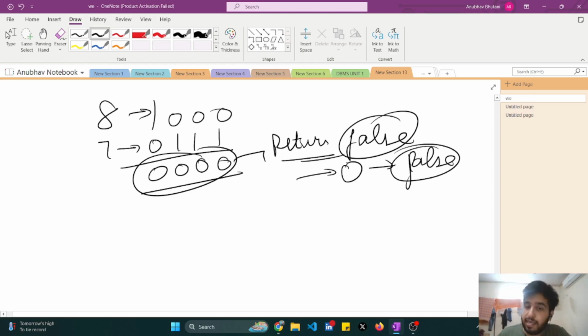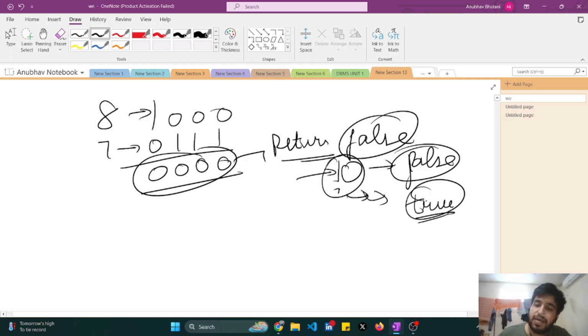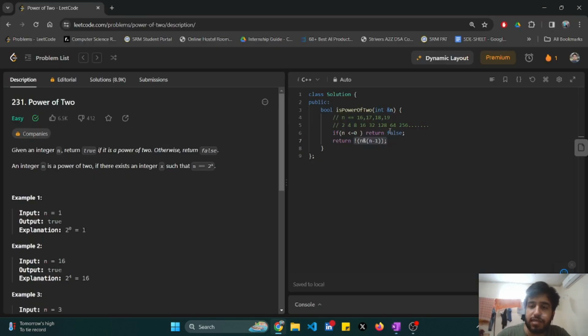So if 0 is there, I'll complement it and return, so the answer would be returned as true. That's why I had written this. These two lines of code, the question was easy, but if you don't know how to manipulate the bits, how to have fun with the bits, then you can't solve this question. So for these two lines we have made this video. I hope I have cleared all your doubts.